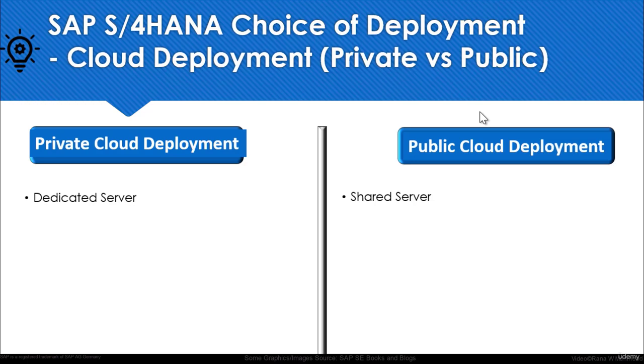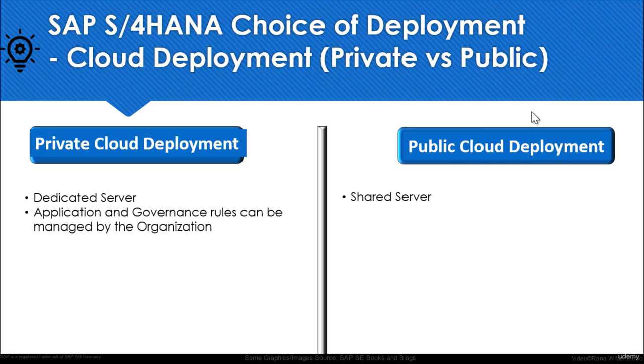As I explained previously, it's like the multi-tenancy functionality for SAP HANA database. Application and governance rules can be managed by the organization. And in public cloud deployment, it follows a SaaS model.